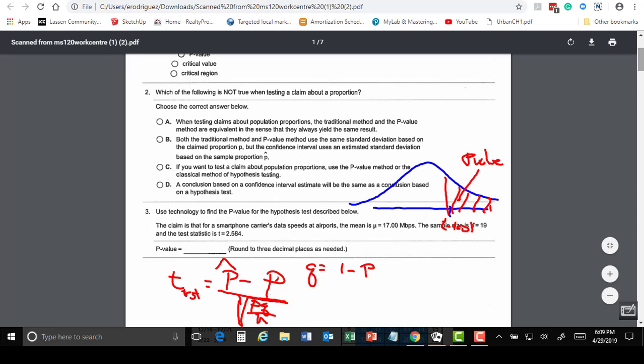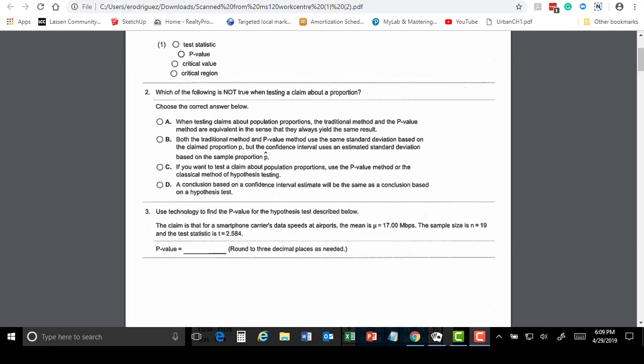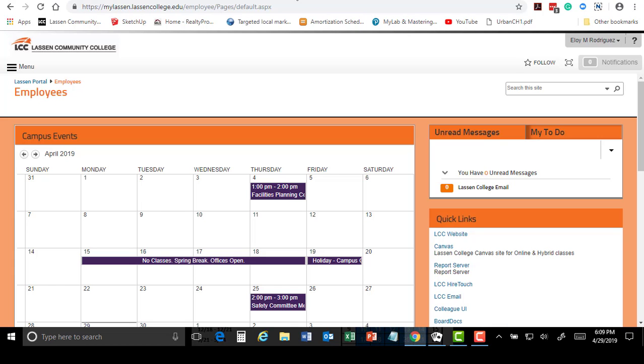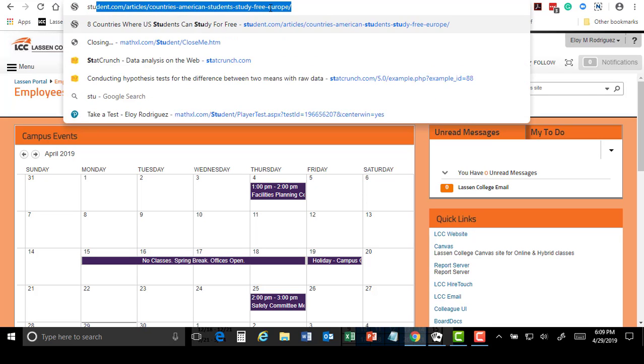Let's take a look and find one. We want the student t distribution table.